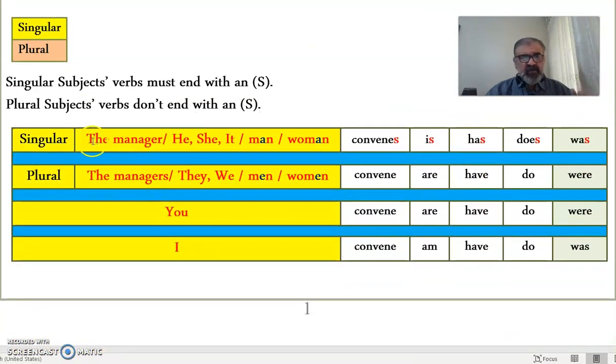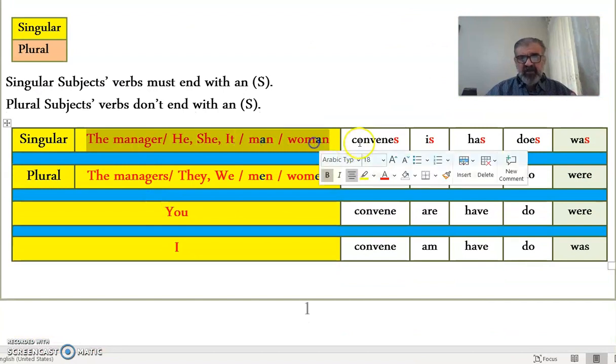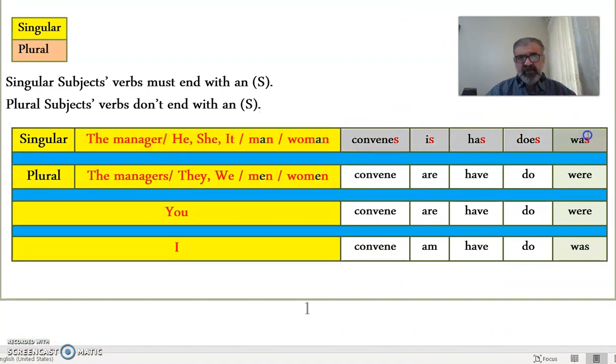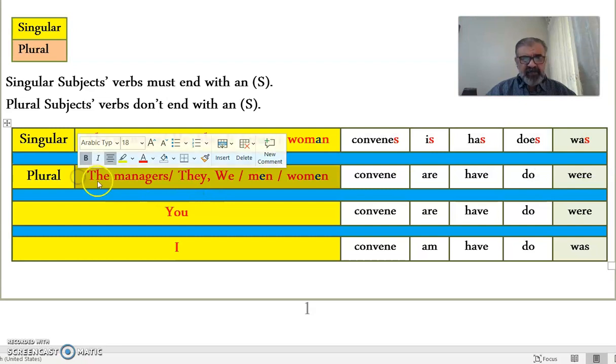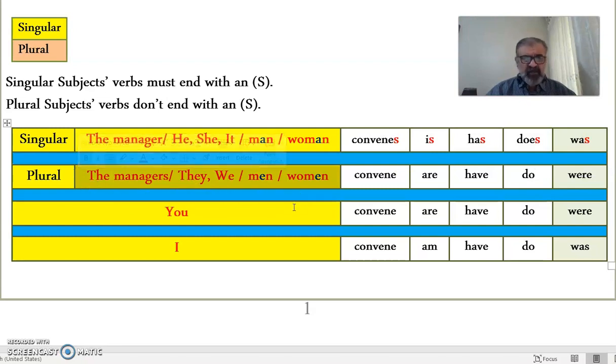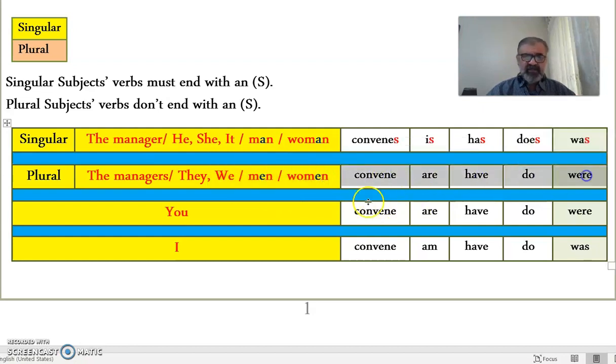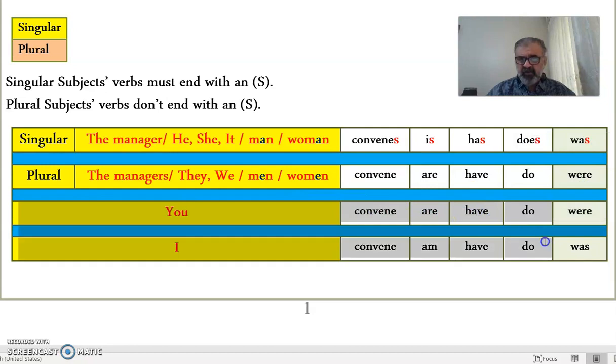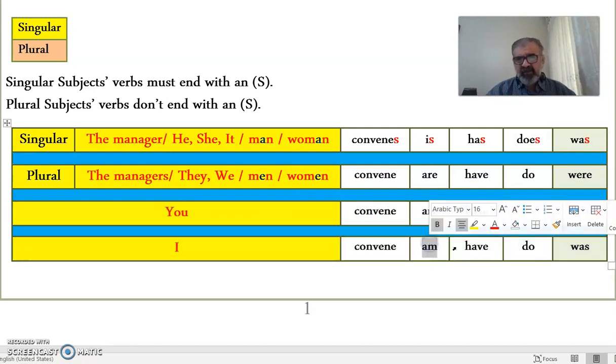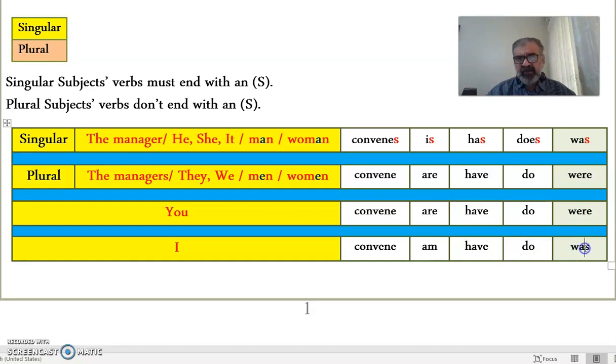And because we don't have an S here, we must have an S here. And because we have an S here, either directly or indirectly, in this case we don't have an S. And the same thing applies with you and I. We said that there is only one exception with the verb to be, in this case was and am.